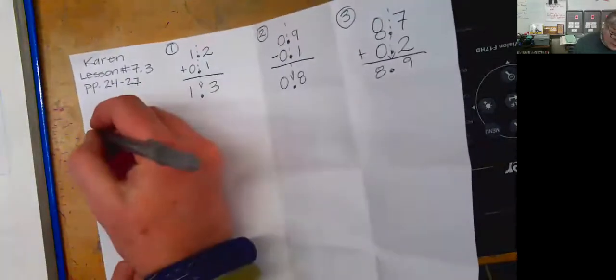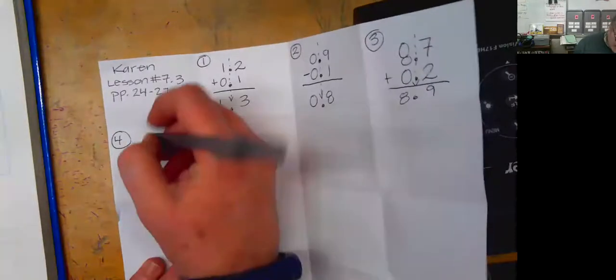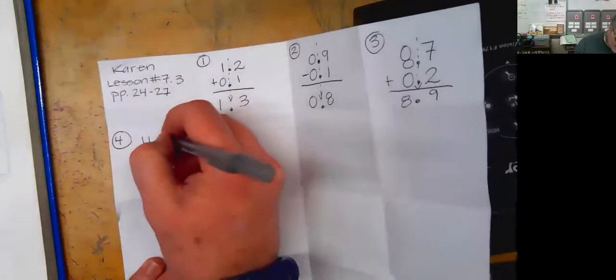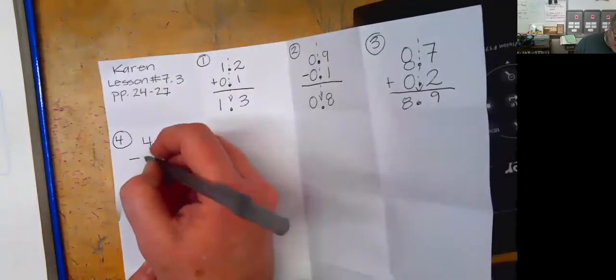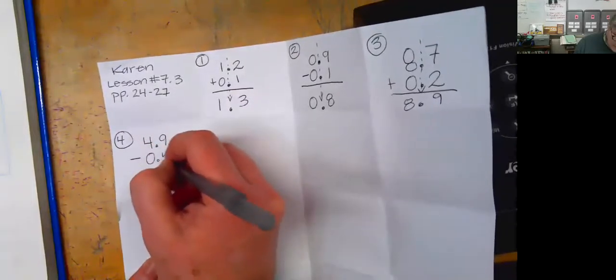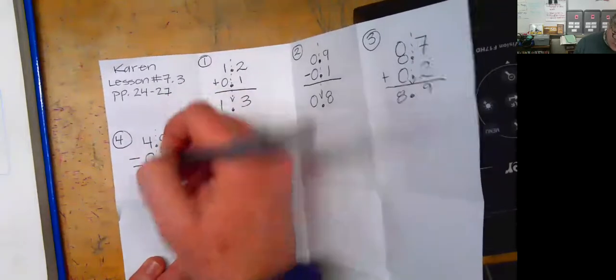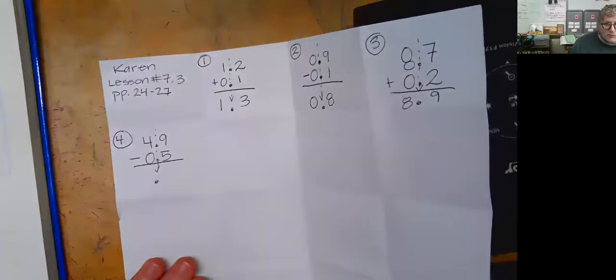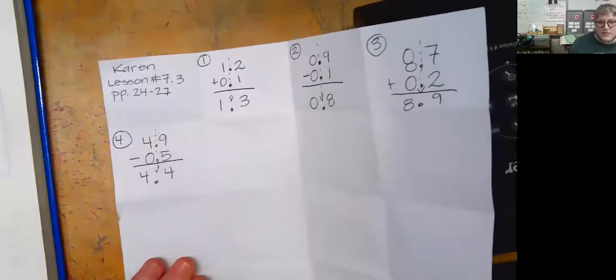Okay, let's look at number 4. Number 4 says 5/10 less than 4 9/10. Less than means we're going to be subtracting. So again, we're always lining up these decimals. And so if I subtract, I'm going to get 4 4/10.